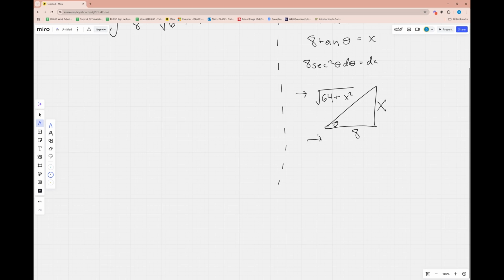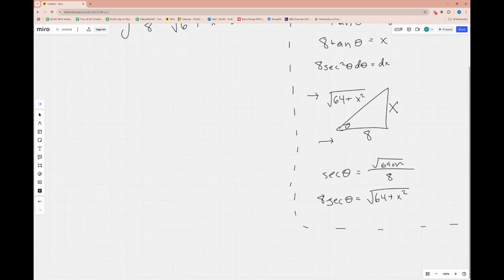If I multiply by 8 on both sides, secant theta is equal to the square root of 64 plus x squared over 8. So 8 secant theta is equal to the square root of 64 plus x squared. Okay, cool.